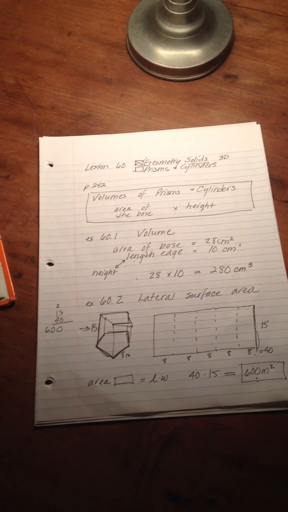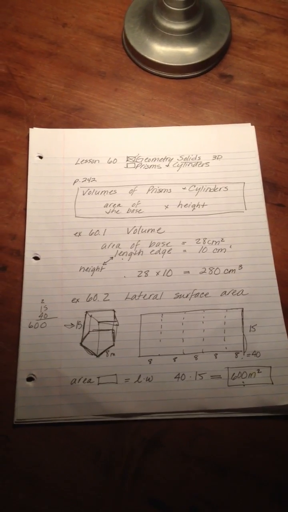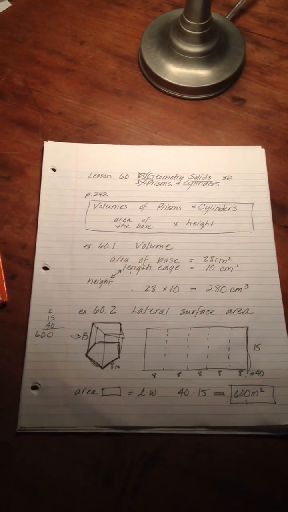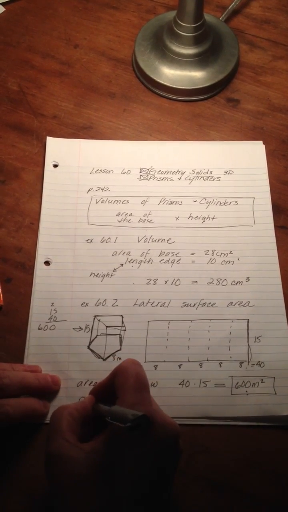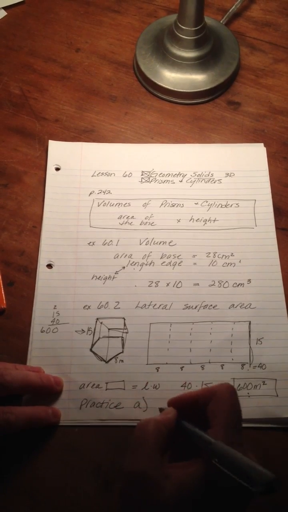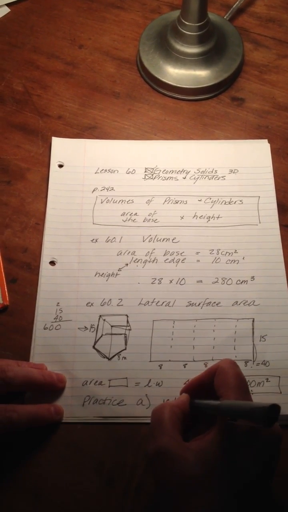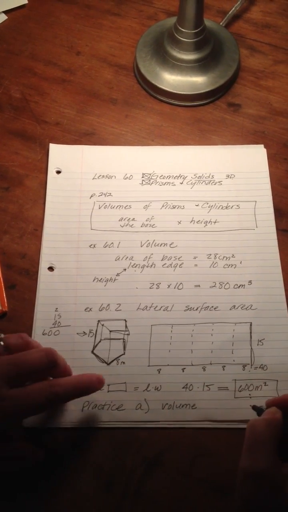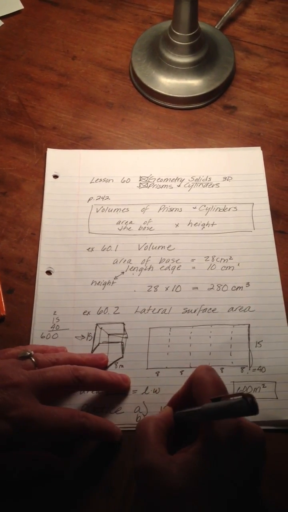Okay? So we've done all the examples in the chapter. We've covered both of those. So what I would like you guys to do in whatever time remains in class today is to do the practice problems together. Do at least A, which is a volume. And if you have time, I would love for you to do B, which is lateral surface area.